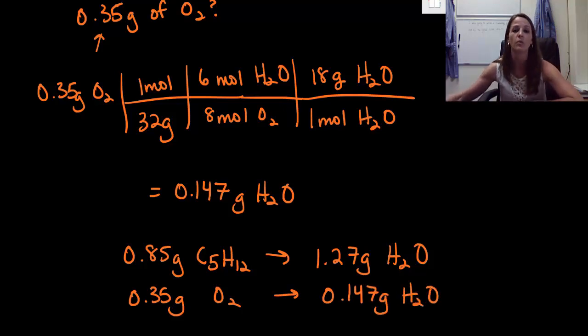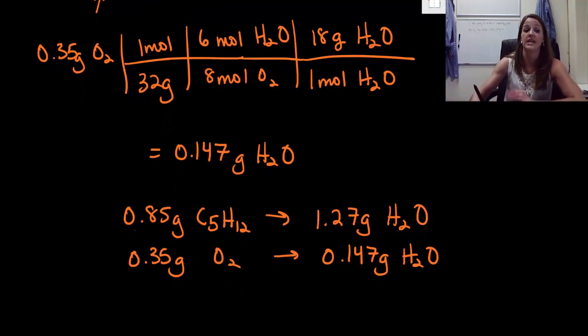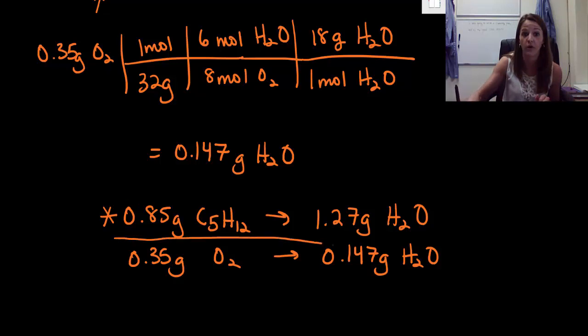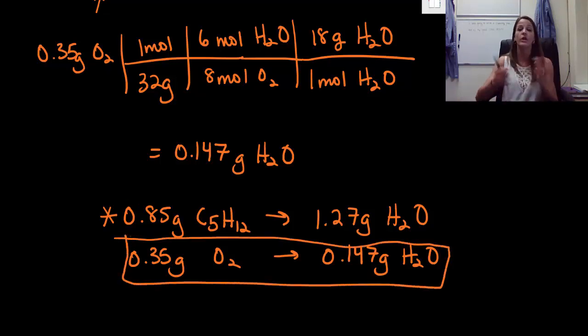So essentially what we just figured out is that it's absolutely wonderful that we can create over a gram of water with the amount of pentane that we have, but with the amount of oxygen we have, we can only create 0.147 grams of water. That's it, 0.147. We do not have enough oxygen to make 1.27 grams.